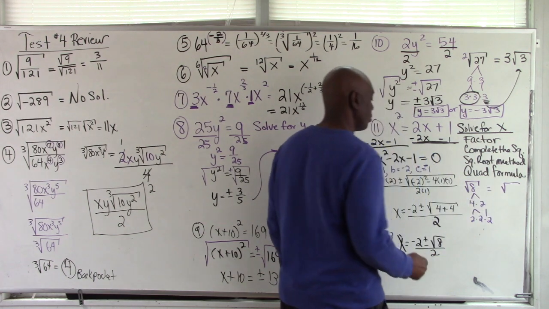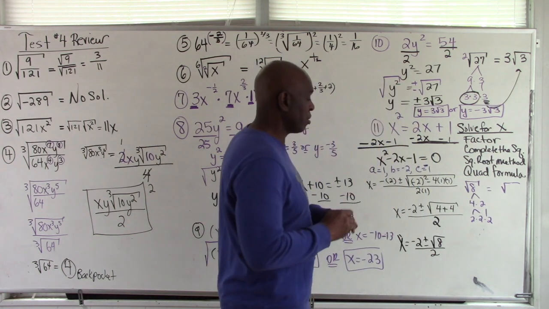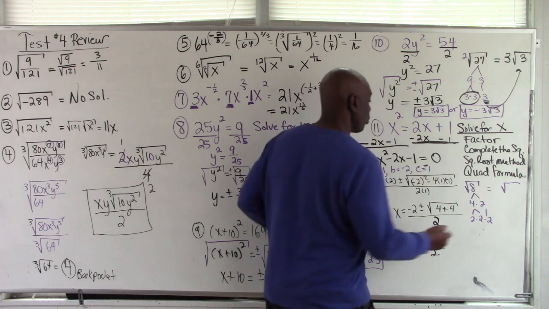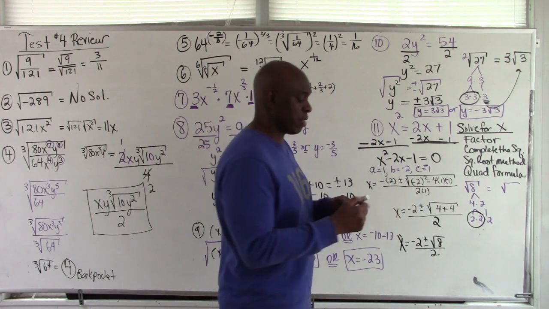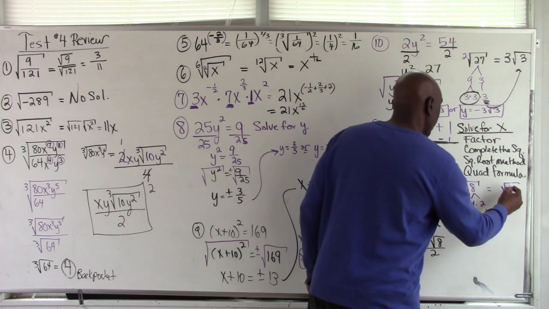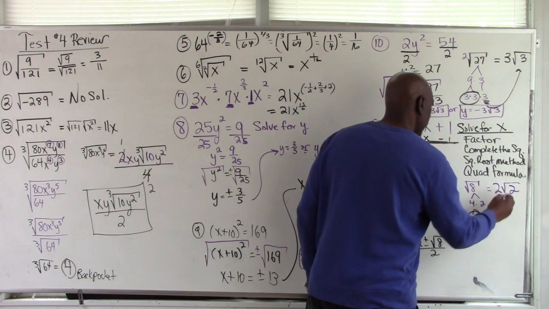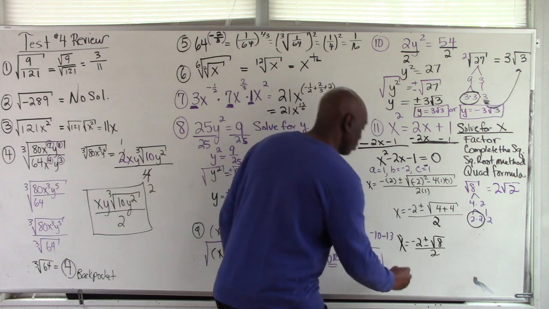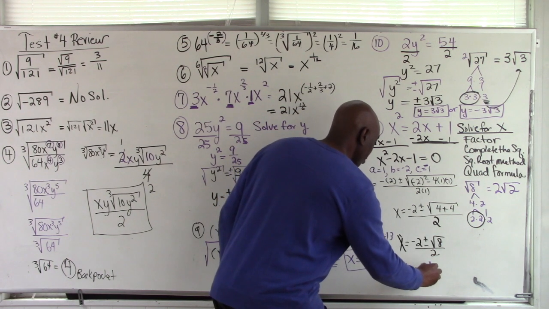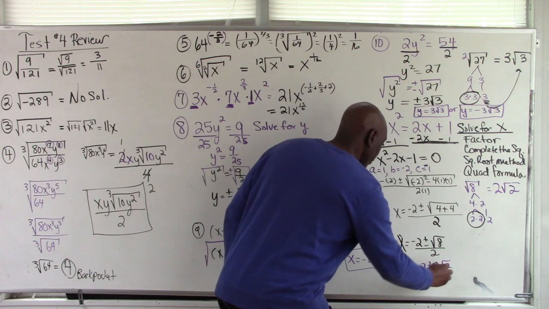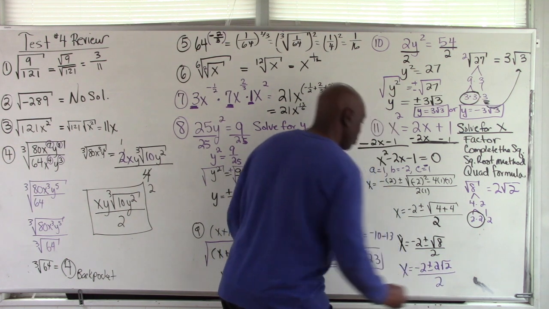We group them by 2's, so we see what goes in and what goes out. So we have a 2 on the inside and a 2 on the outside. And so x now is going to equal -2 plus or minus 2 root 2 all over 2.